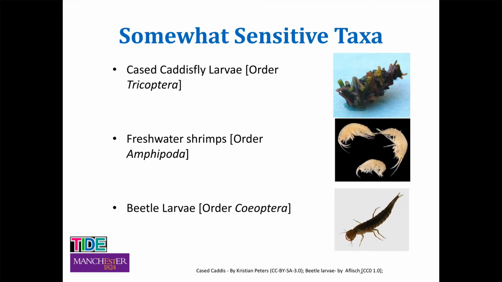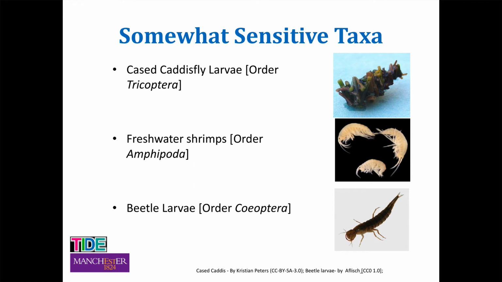There's some other taxa that are more sensitive. For example, cased caddisfly larva, order Trichoptera, freshwater shrimps, order Amphipoda, and beetle larva, order Coleoptera, which is this example at the bottom right of the slide.